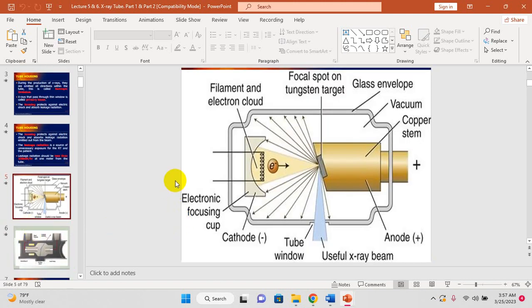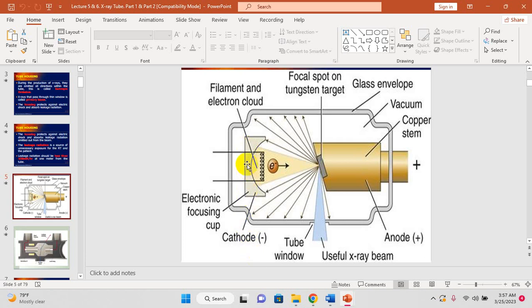This is a schematic diagram of the X-ray tube. This part here is the positive, where the anode is. And this is the cathode, which is the negative part.